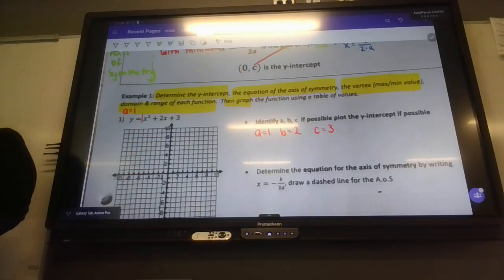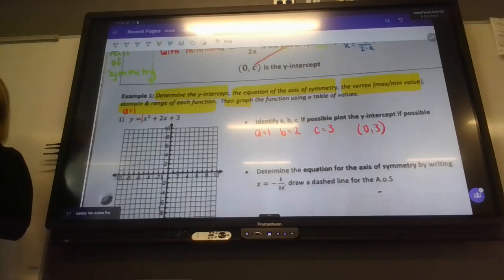That's going to change in every problem. So that means (0, 3) is the y-intercept, so we'll put a dot right there. So far, so good.